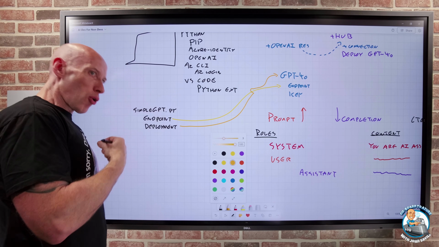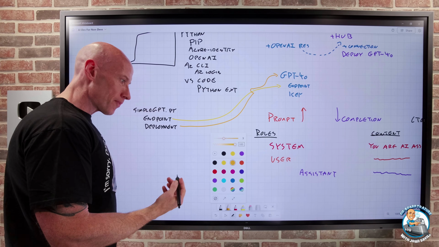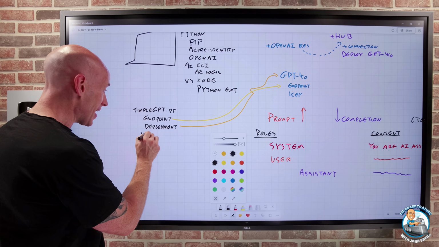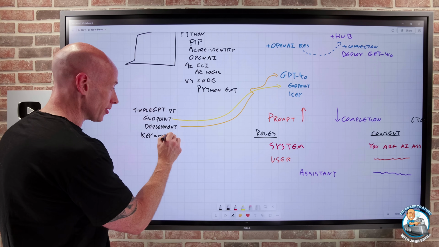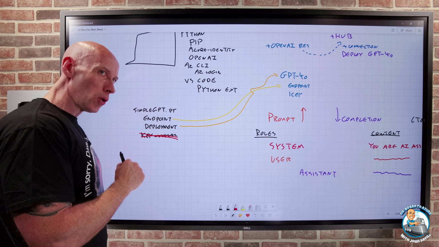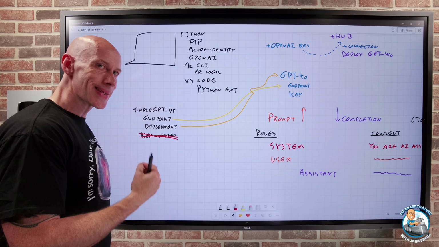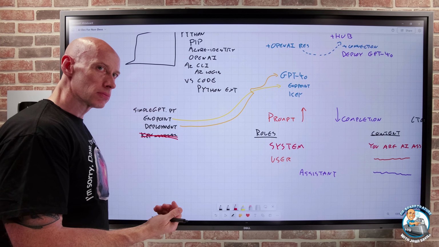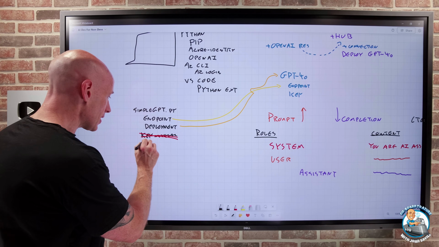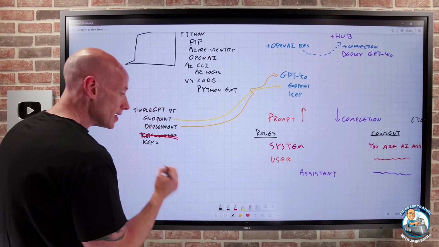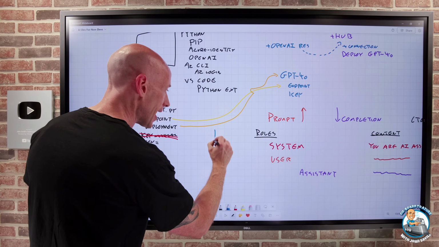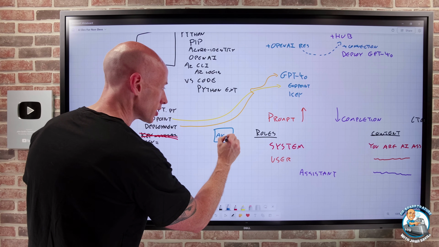Then I have to prove I'm allowed to use it. So one option could be, well, I could just have a variable called key, and I put in the value. That is terrible. We never store secrets in our code directly. So where would we put it? Well, I could say the key equals, and I could go and grab the value from something like an Azure Key Vault.